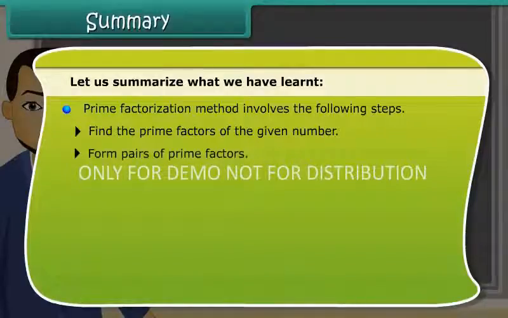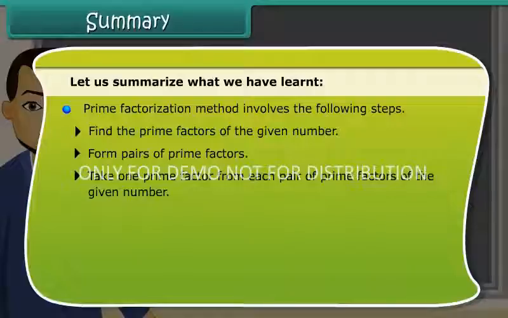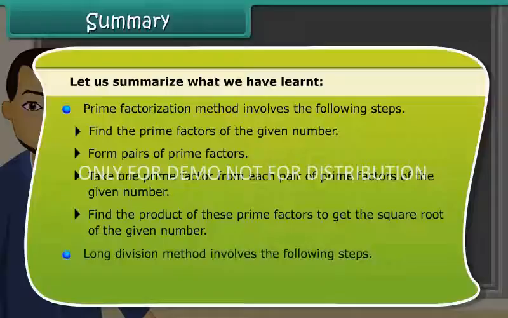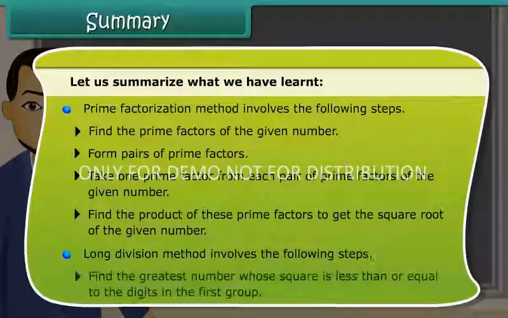Form pairs of prime factors. Take one prime factor from each pair of prime factors of the given number. Find the product of these prime factors to get the square root of the given number. The long division method involves the following steps. Find the greatest number whose square is less than or equal to the digits in the first group.